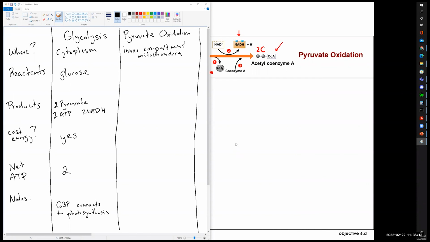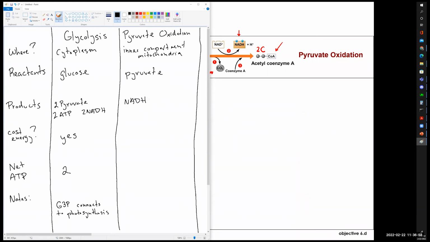What is our initial reactant? Pyruvate. And we're going to make, all right, we're going to make one NADH.